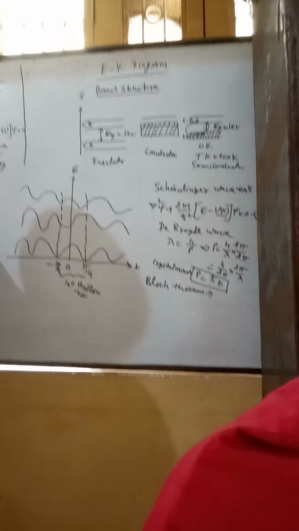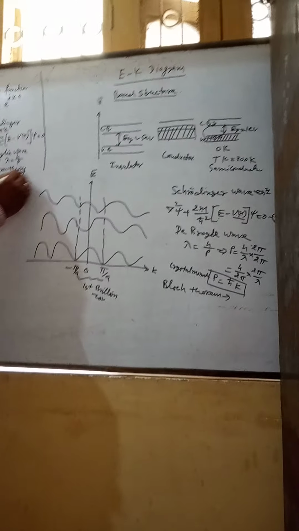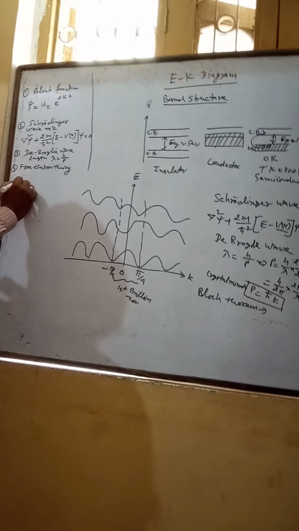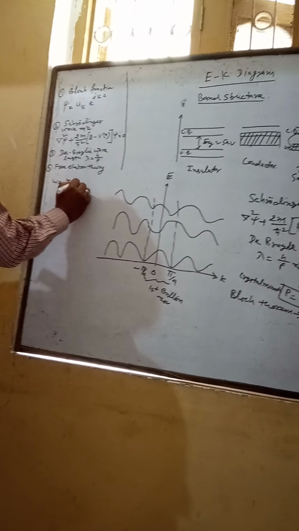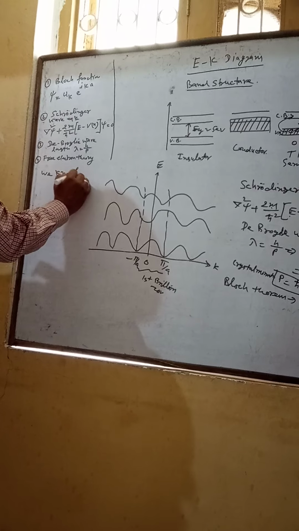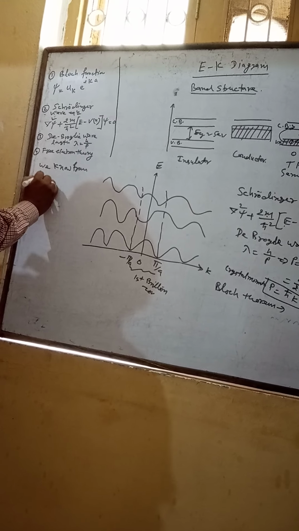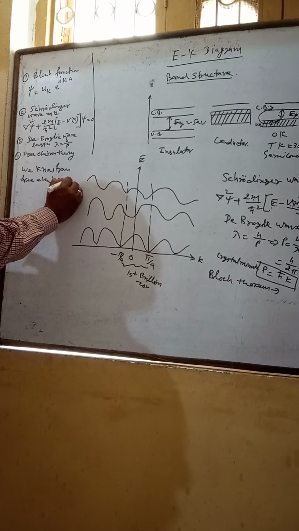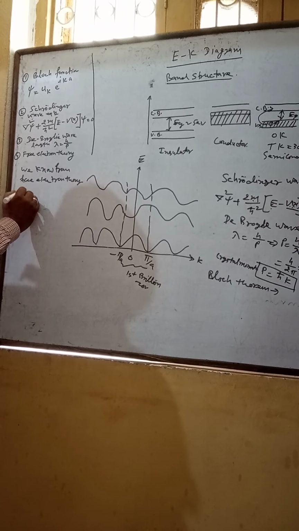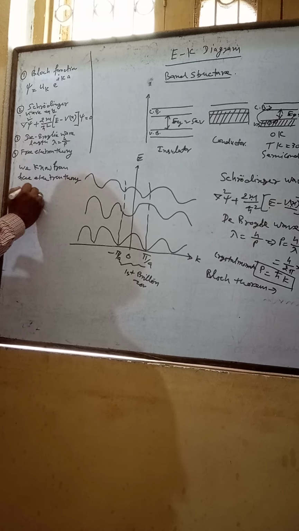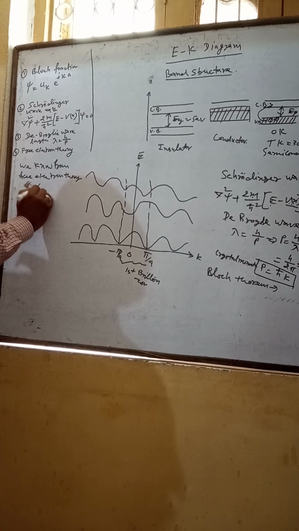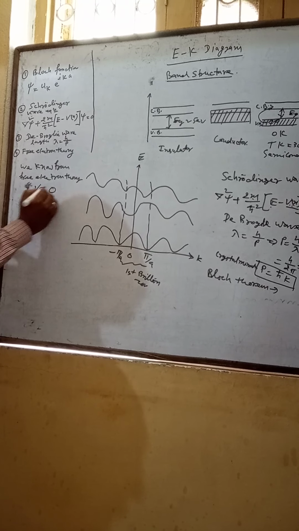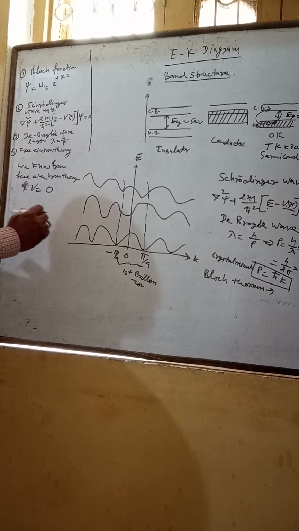From the free electron theory, we know that the potential V is constant, meaning zero, in a crystal.